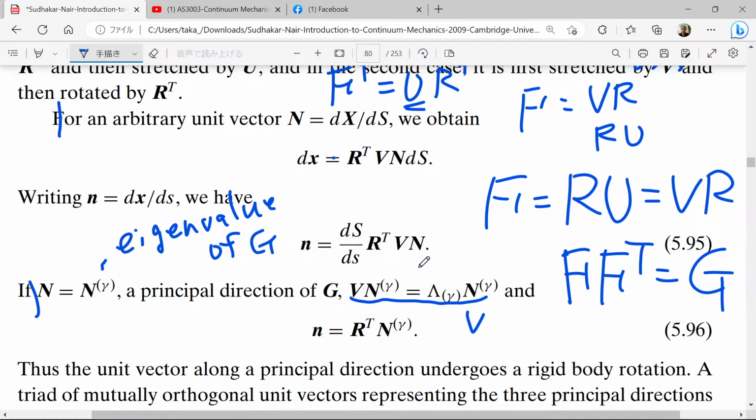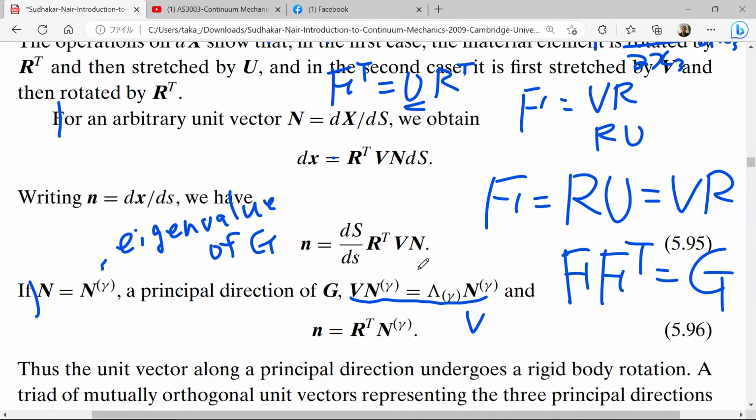Is that right? I don't know. N is n gamma, right? So you obtain Vn. I'm a little bit confused.